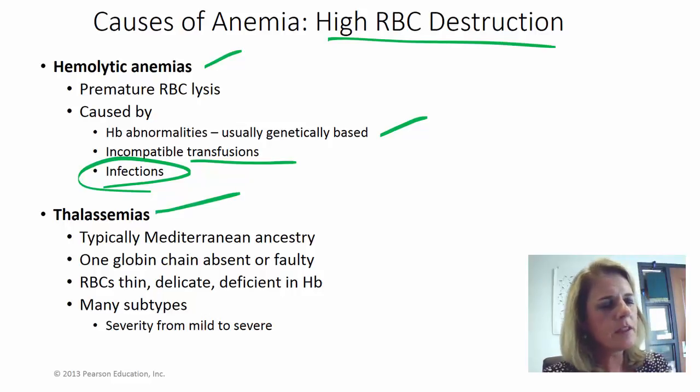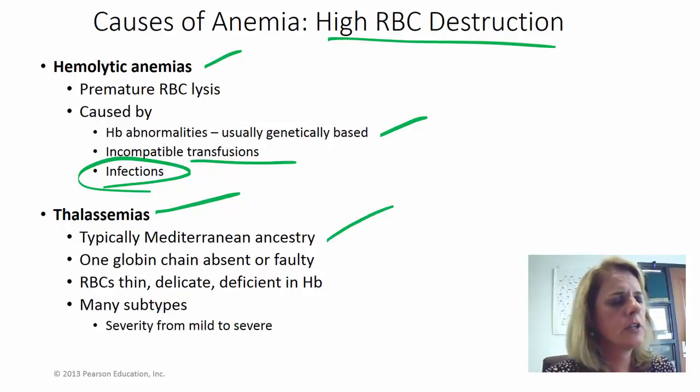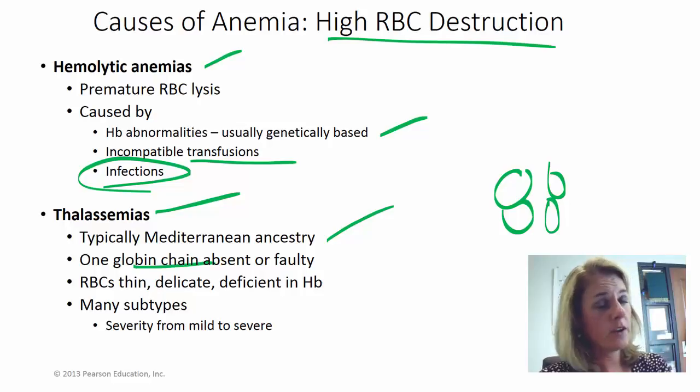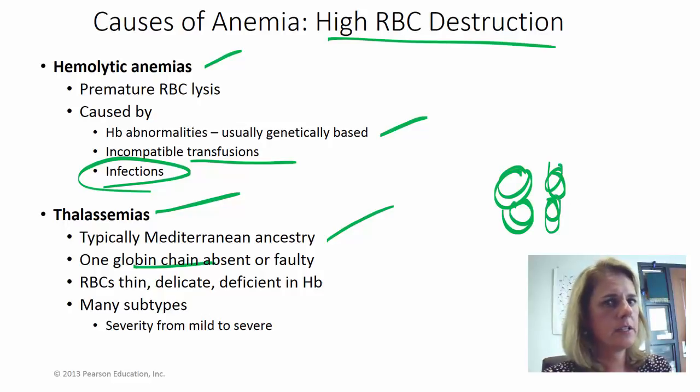Thalassemias. These are genetic, typically in people from Mediterranean heritage. And so remember, hemoglobin has those 4 protein chains. So in thalassemias, they're missing one, or it's faulty, it doesn't work. And because you don't have a fully formed, correctly formed hemoglobin, the red blood cells tend to be thin and delicate and deficient. But it has different variations.